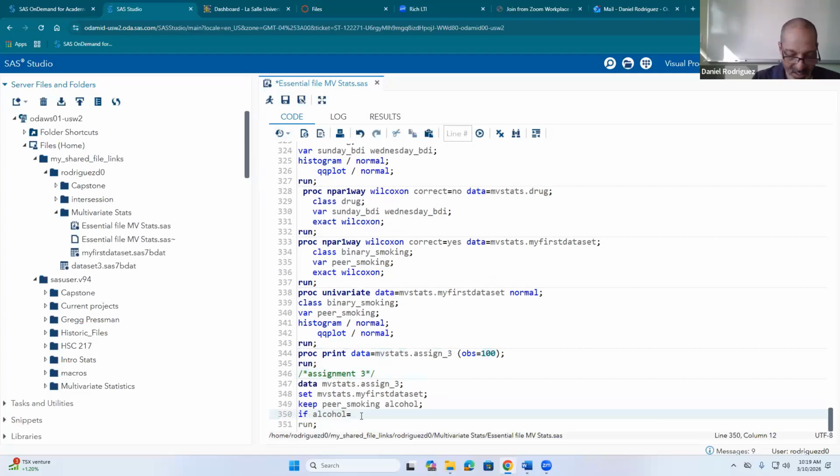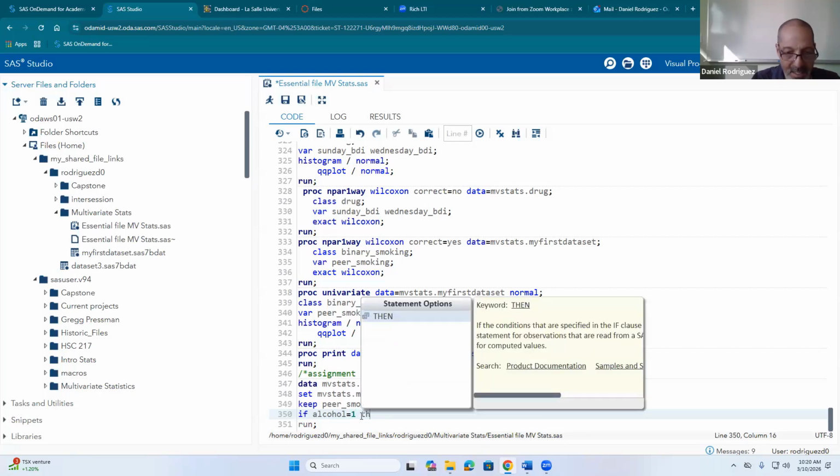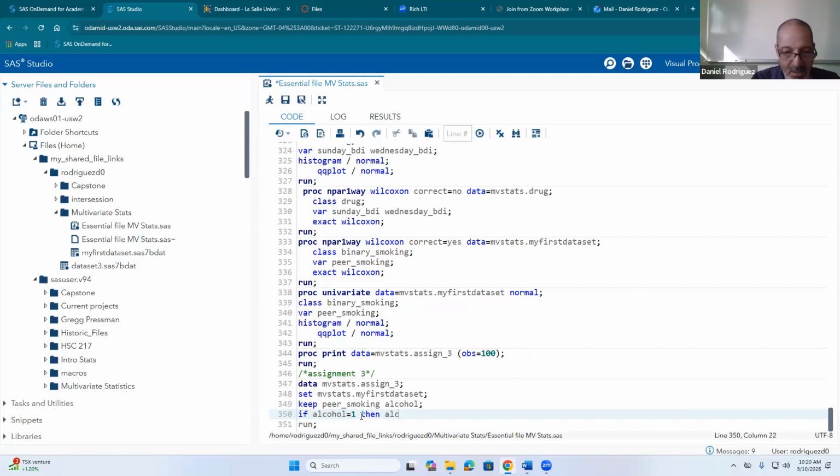So if alcohol equals, I think I just have to do this. Let me see. If alcohol equals this, I may have to surround this. So if it's missing, no, that's okay. Actually, if alcohol equals 1, then alcohol equals 0.